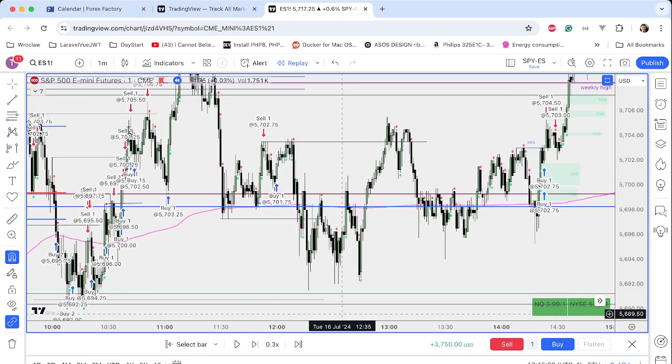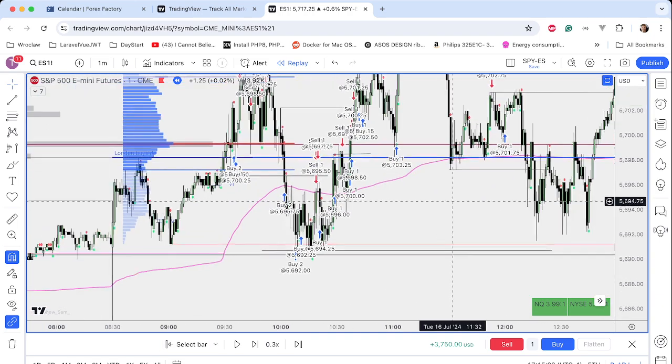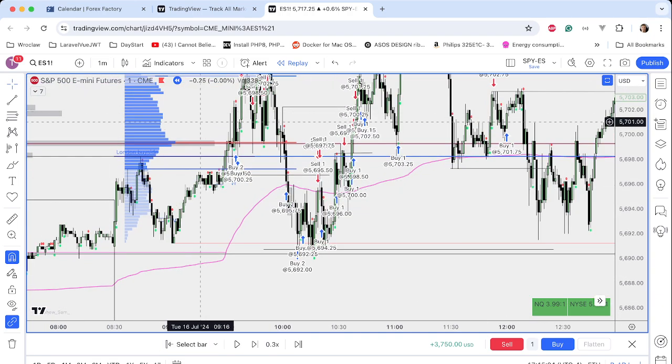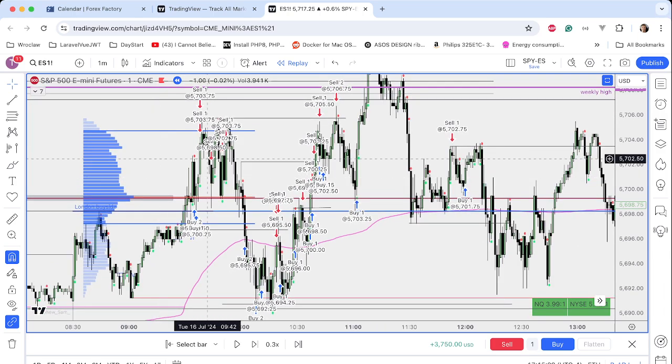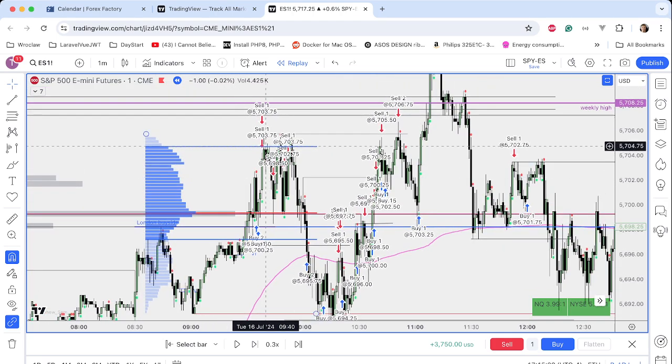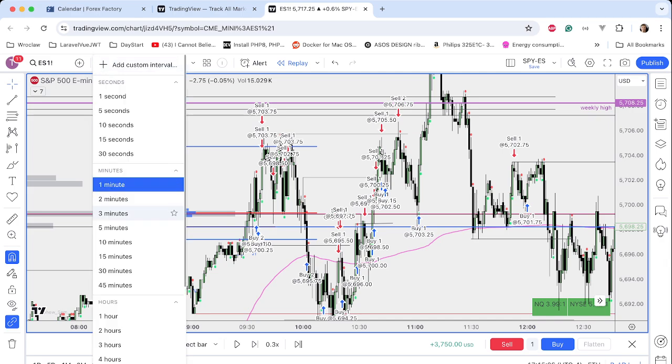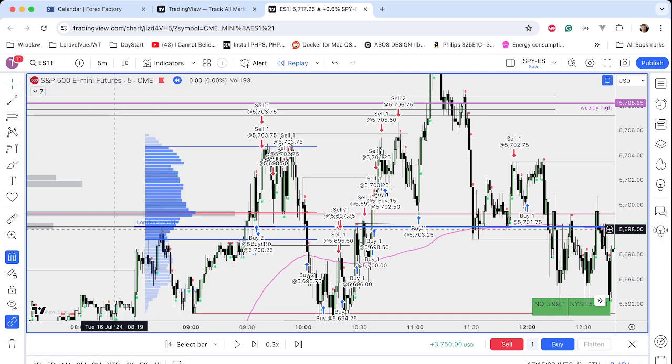What was important, that bit when the market opened, to recognize this seek and destroy, this luring longs. I'm actually going to switch this into 5 minutes now, so you can see it better.